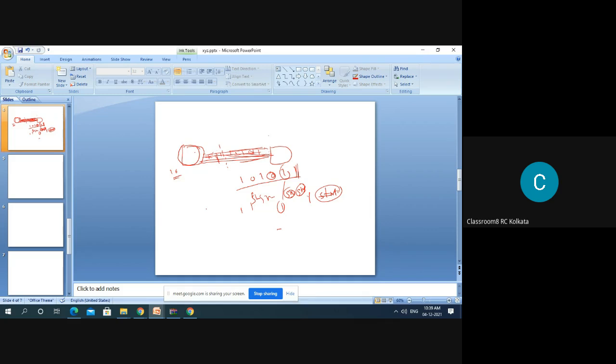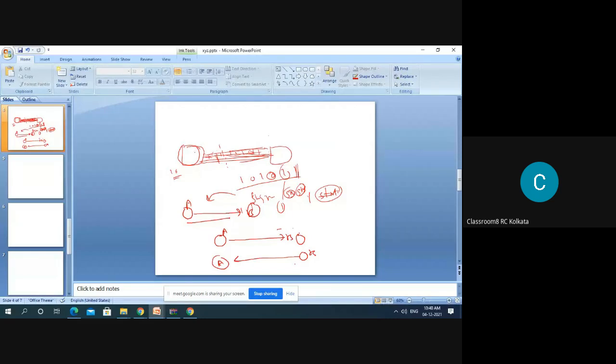Example, walkie-talkie, in which a message is sent one at a time, and messages are sent in both directions, but not simultaneously. Suppose in simplex, from A to B, just one direction, the other direction is not possible. But in half duplex, A to B, and after completion, then B to A. Not simultaneously possible.